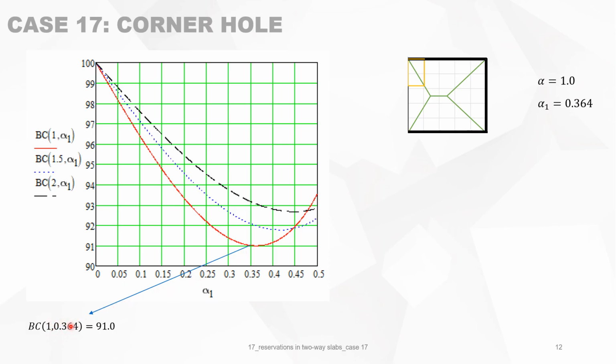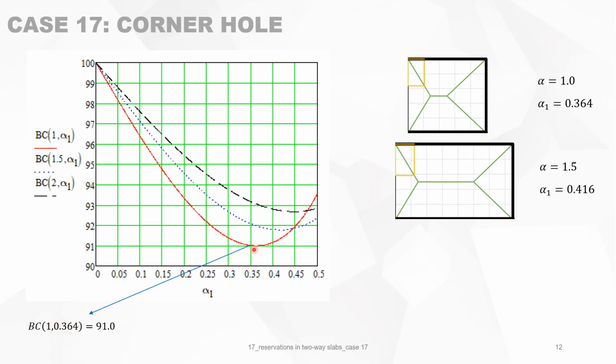And when you have 0.364, which is around here, this is the maximum loss that you can have in bearing capacity. Then we can go to the other curve, the blue dotted curve, if alpha equals 1.5 and alpha 1 is 0.416, which is again a maximum for alpha equals 1.5, and you have this 92%.